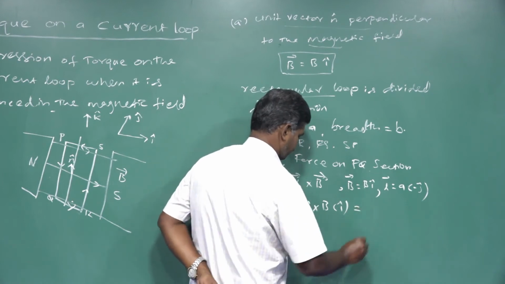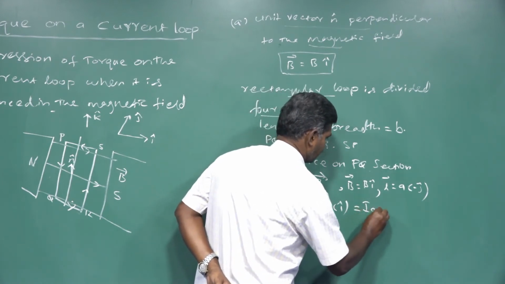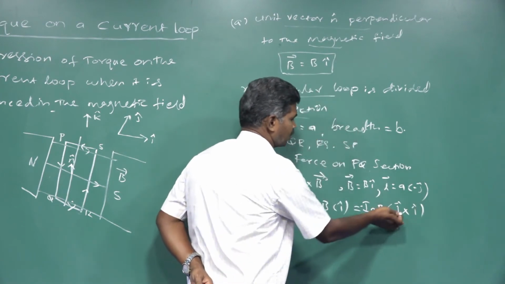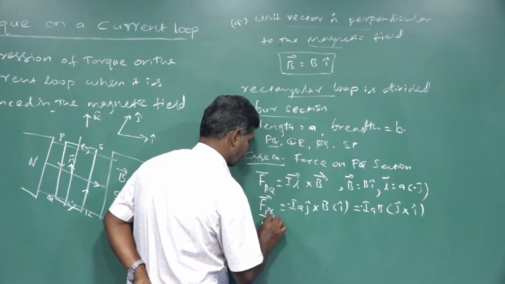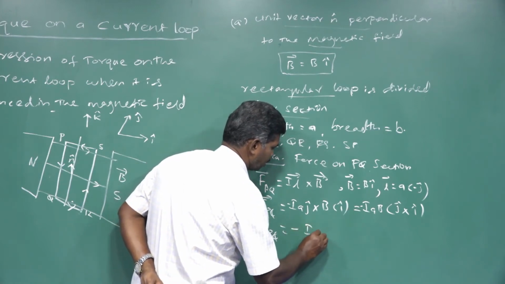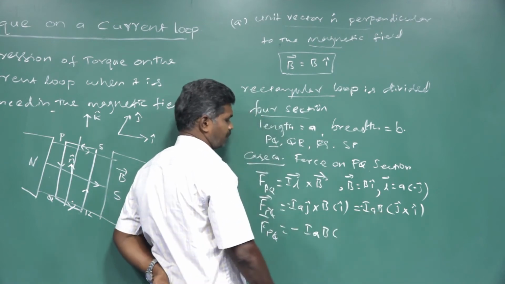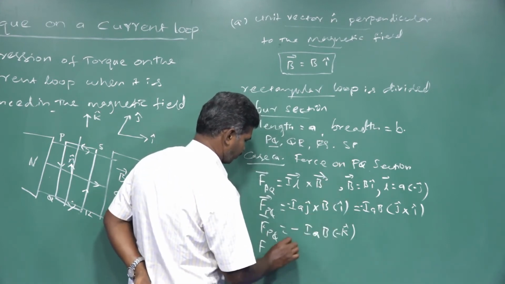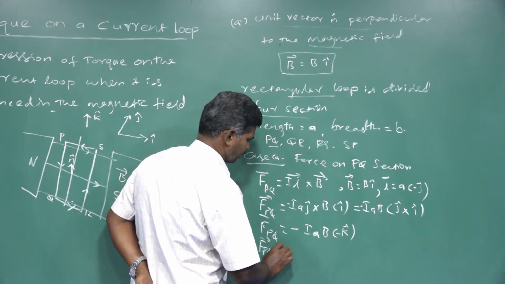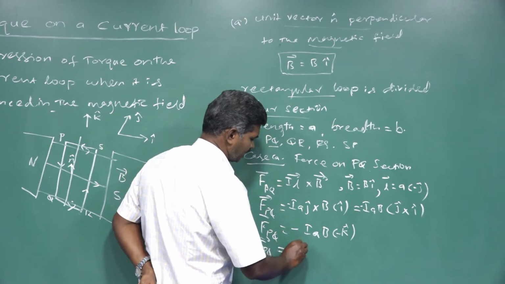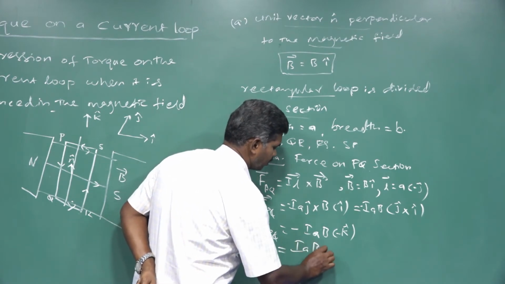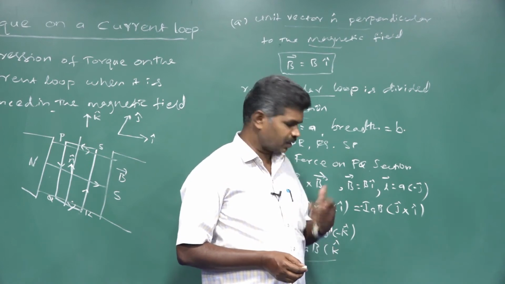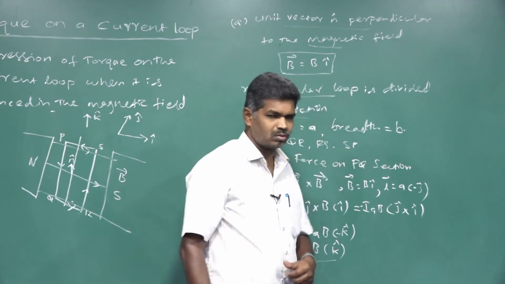So F PQ vector equals I a B k cap. On the PQ side, the force acts along the positive z direction.